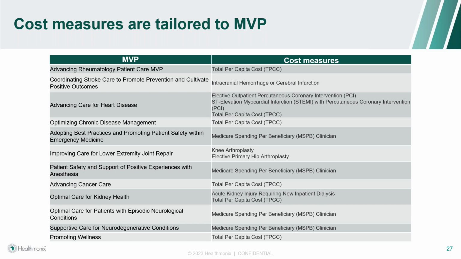By doing this MVP on the lower extremity joint repair, you are narrowing it down to knee arthroplasty and elective primary hip arthroplasty, really giving you the ability to only be counted or exposed, as we're using here, for 2 measures. And somebody just asked about case minimums for the MVPs, and the case minimums are the same for MVPs as for traditional MIPS.